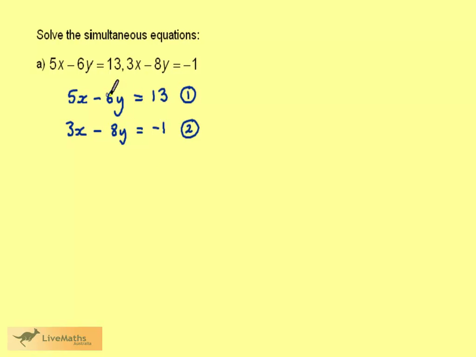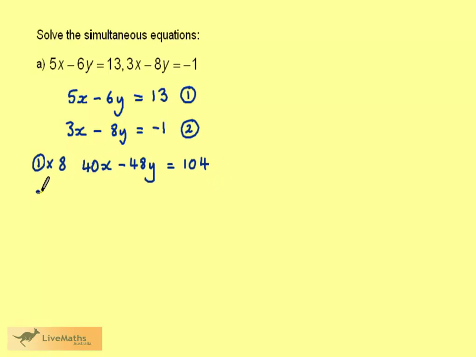We could get the same number of y's by doing 1 times 8. This would give us 40x, take away 48y is equal to 8 times 13, which is 104.